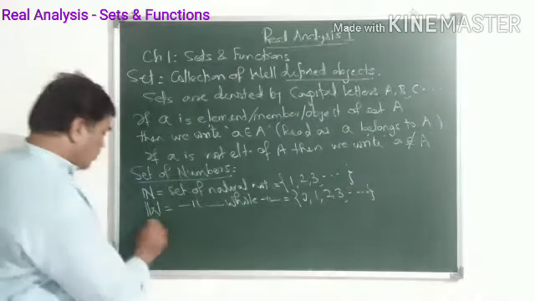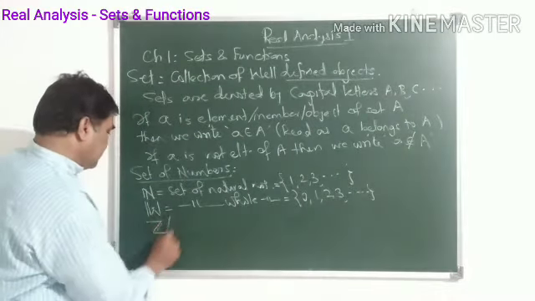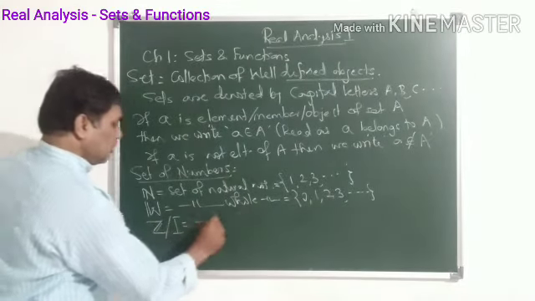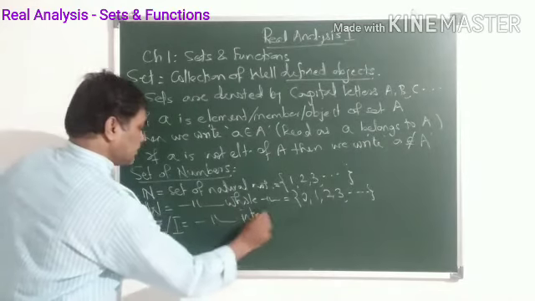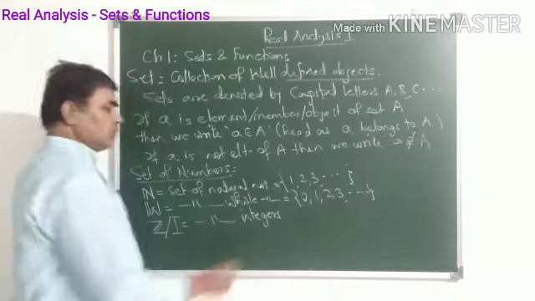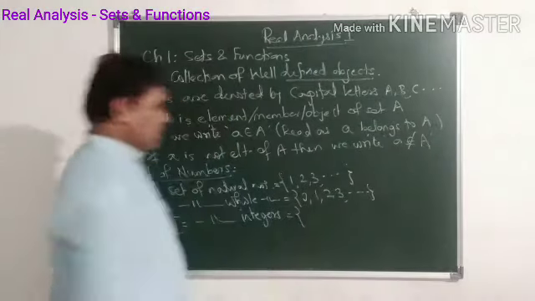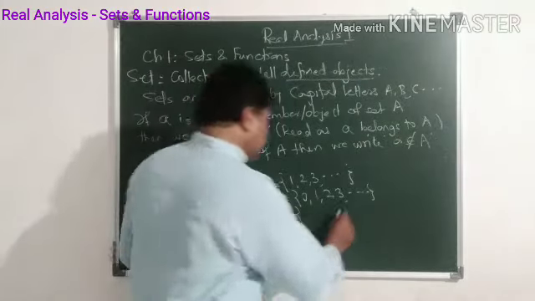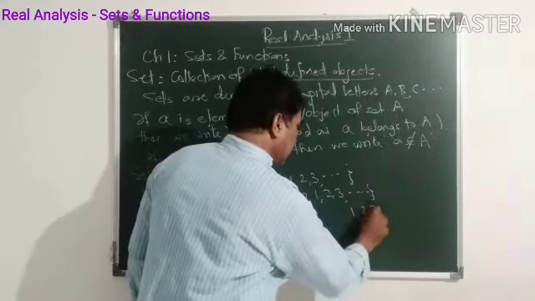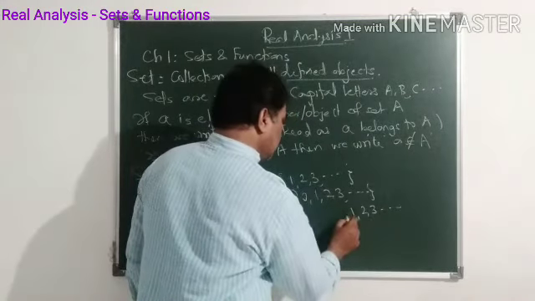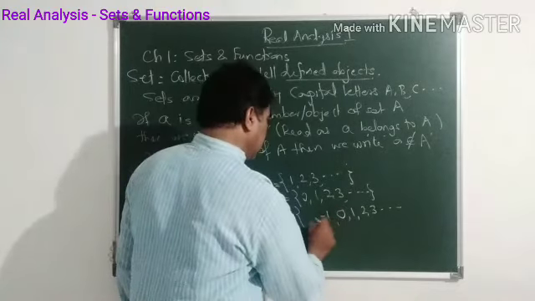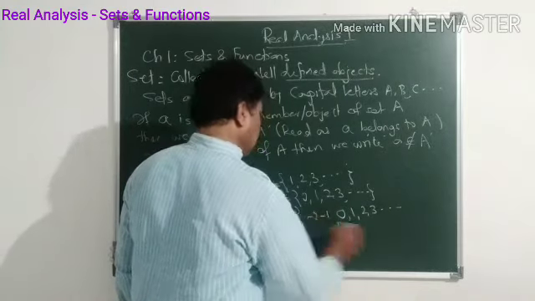After the whole number set, you study the set of integers. This contains natural numbers 1, 2, 3 and so on, 0, and the negatives of natural numbers -1, -2 and so on.